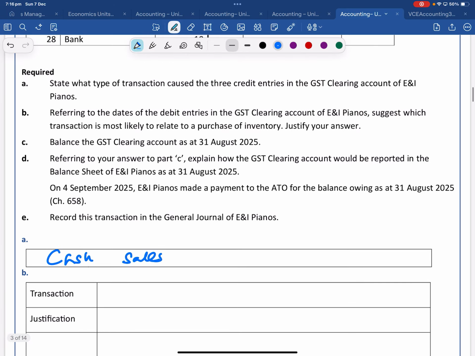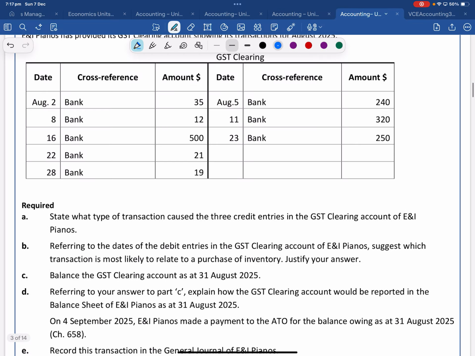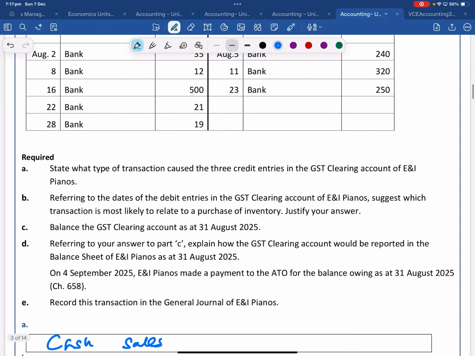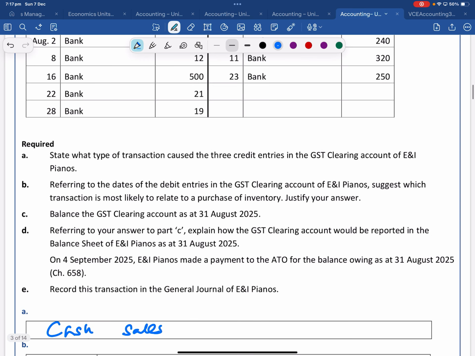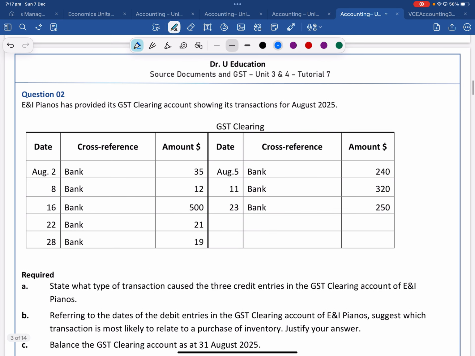We need justification. So we're going to say, oh yeah, multiple.